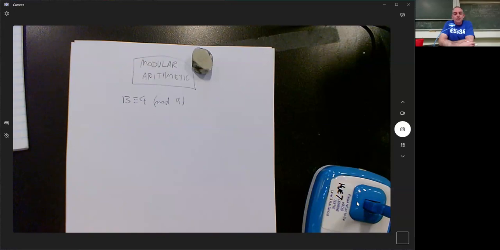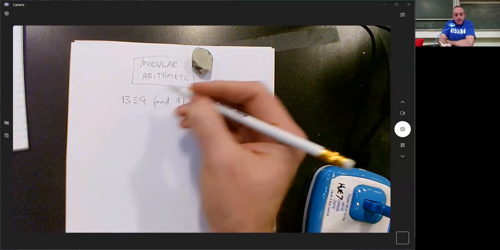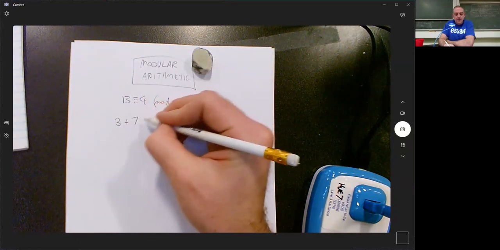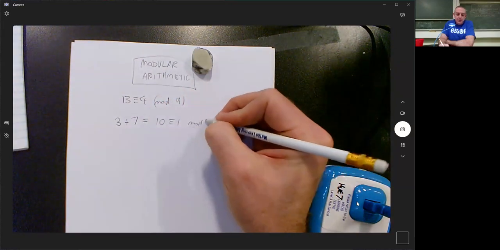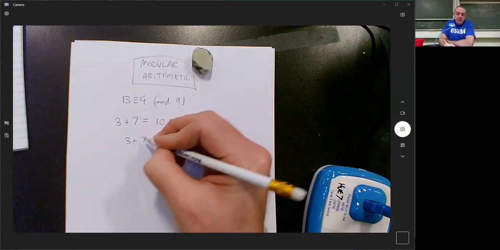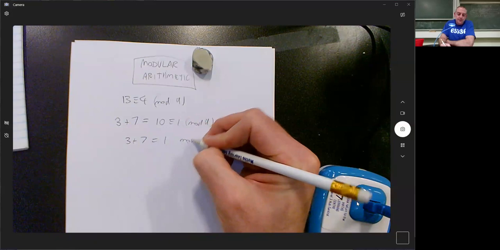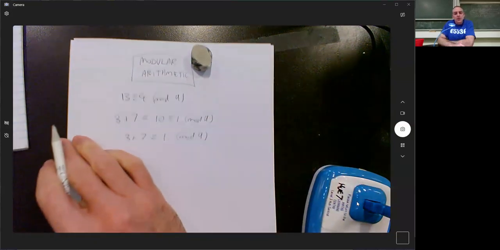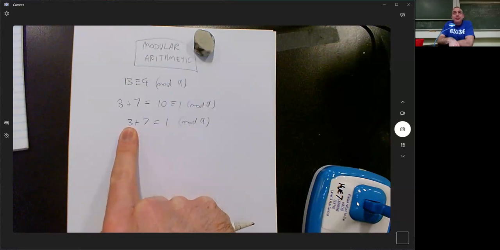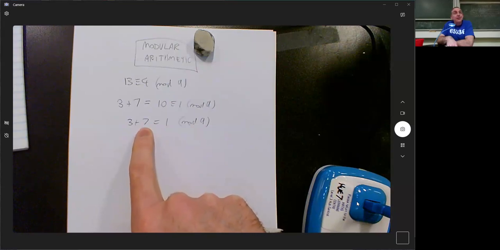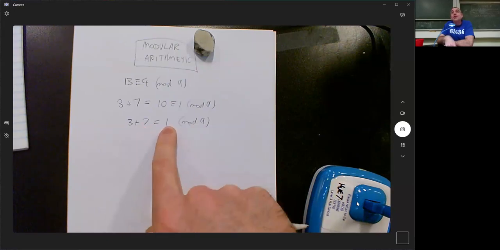So when you do something like 3 plus 7 is 10, which is 1 mod 9, and we start writing 3 plus 7 equals 1 mod 9, officially what you're doing is saying the set in the partition with representative 3 plus the set in the partition with representative 7 is equal to the set in the partition with representative 1.